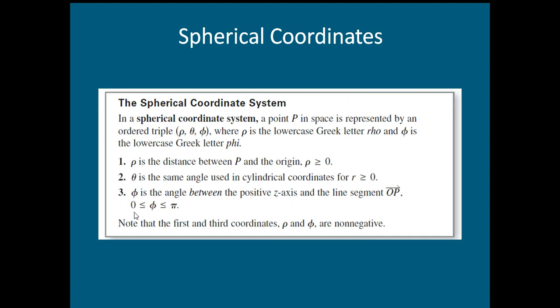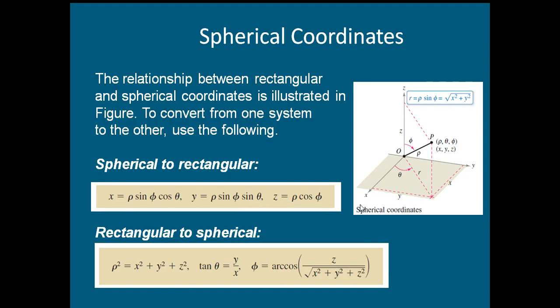Now, this phi should be between 0 and 180 degrees, that is pi. Note that the first and third coordinates, rho and phi, are non-negative numbers. They cannot be negative. These limits of the axes are also very, very important when we go for spherical, cylindrical, and naturally Cartesian coordinate systems.